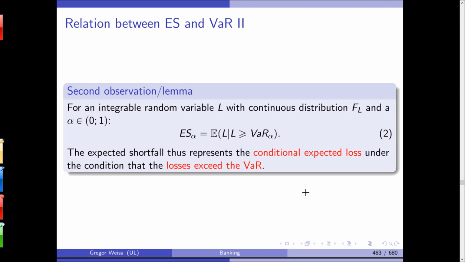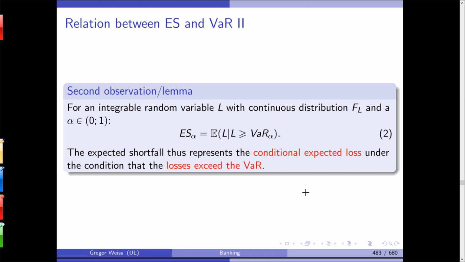So let's look at the special case where the random variable is continuous and finite. The expected shortfall is nothing but the conditional expected loss under the condition that the losses exceed the value at risk. It's a conditional expected value. So it's the average of the losses beyond VAR. Say this in German again.